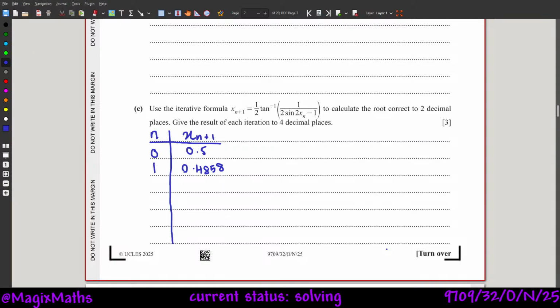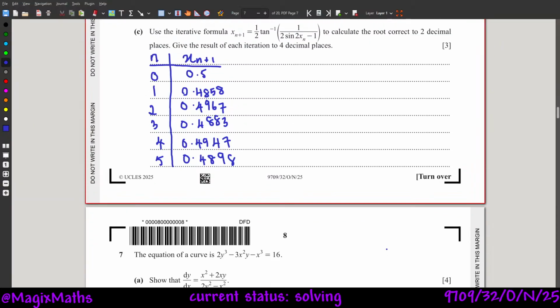And the next iteration will have 0.4967, then 0.4883, then 0.4947, then 0.4898.